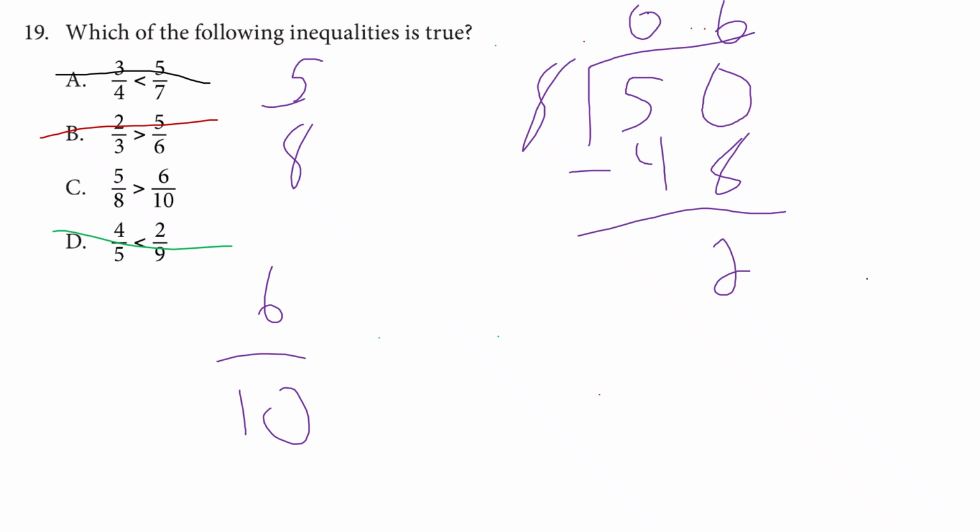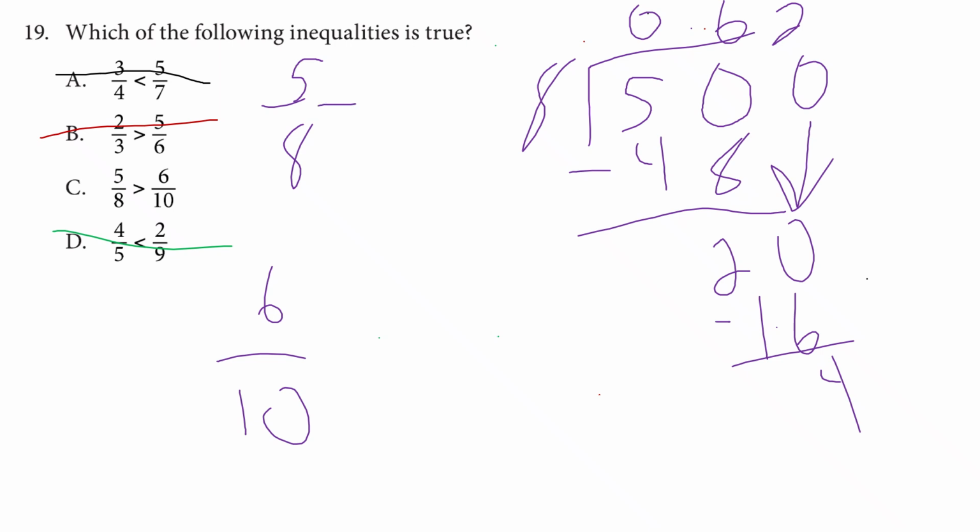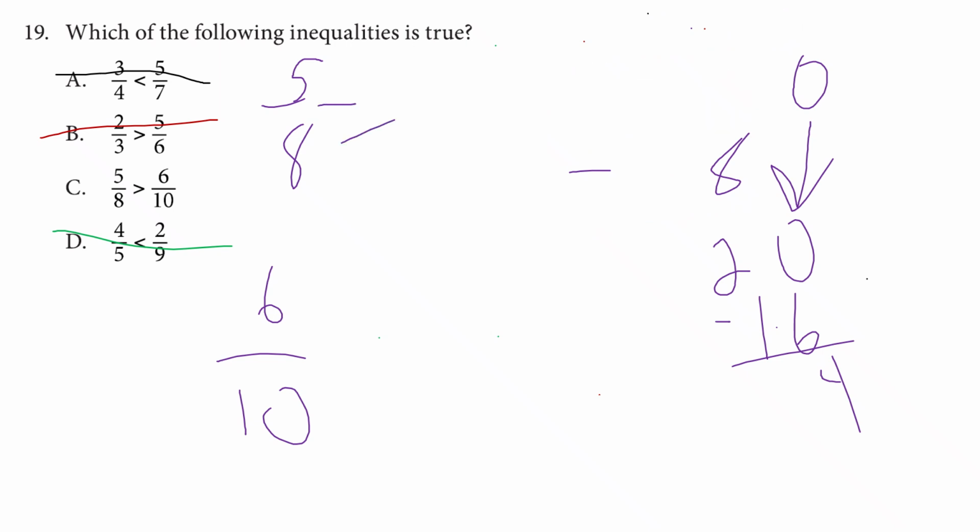We want to get at least two numbers after the decimal, so we add another 0 because 8 can't go into 2. 8 goes into 20 2 times. 2 times 8 is 16. And we're good there. So that's equal to 0.62.